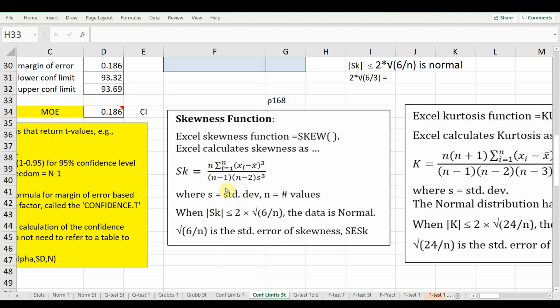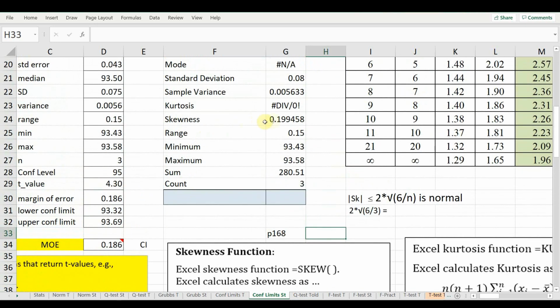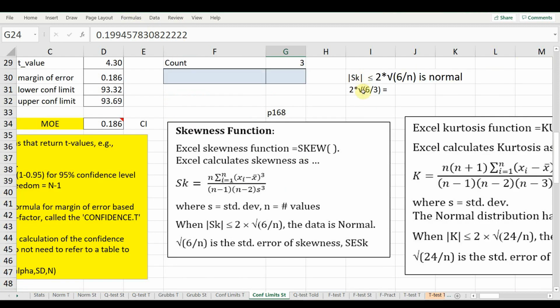Now here's the calculation, and very kindly Excel did that for us. Tells us the skewness is this value here, about 0.20. Let's calculate 2 times the standard error of the skewness. It's equal to 2 times root 6 over n equals 2 times square root of 6 divided by n, where n was our number of samples, that's 3, close bracket, enter.